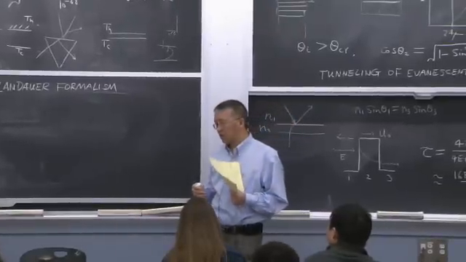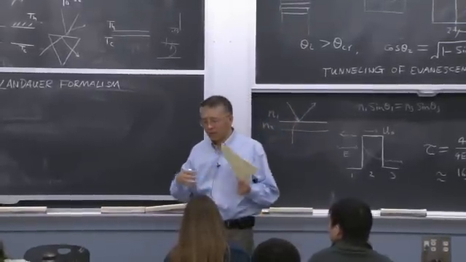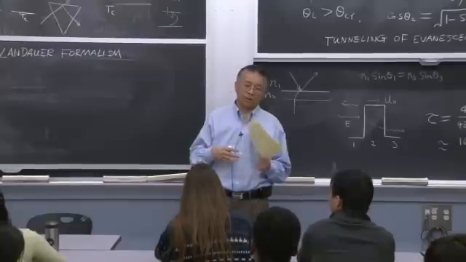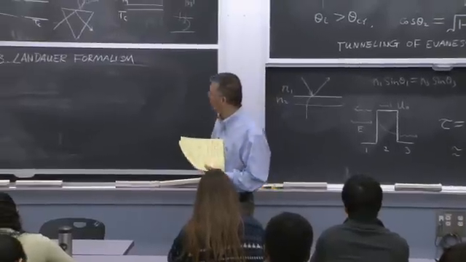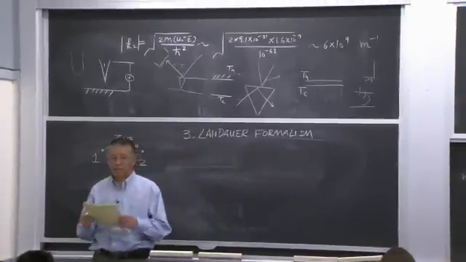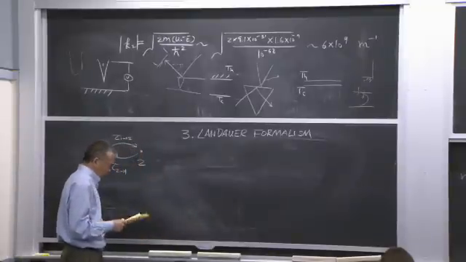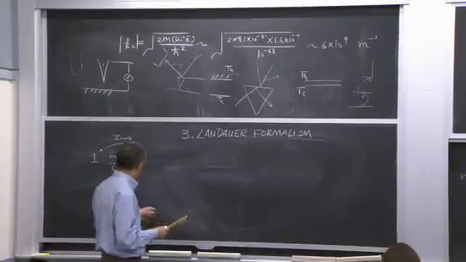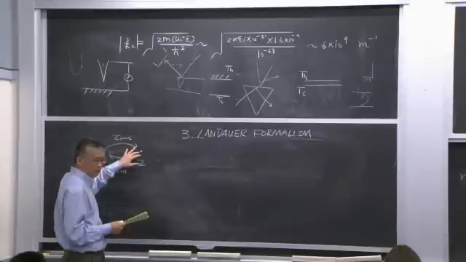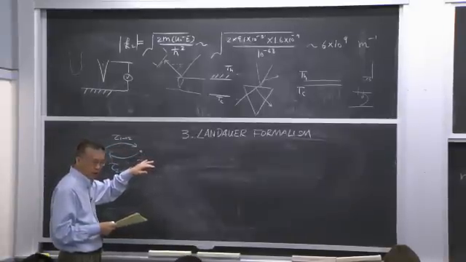It's much later than others, like Boltzmann or linear response theory of transport. This was developed in the 60s and 70s by Landauer at IBM. So the basic idea is, if I know the transmission from 1 to 2, I can count the flux, right?